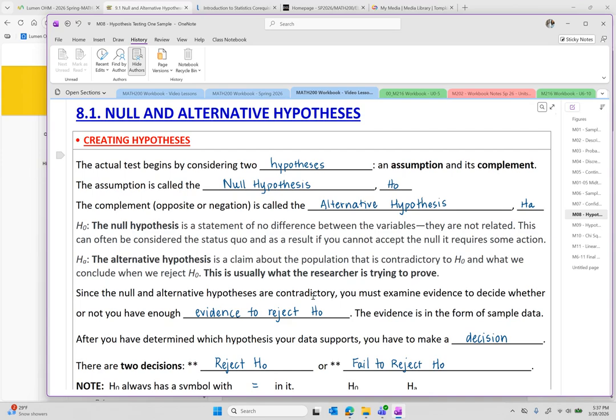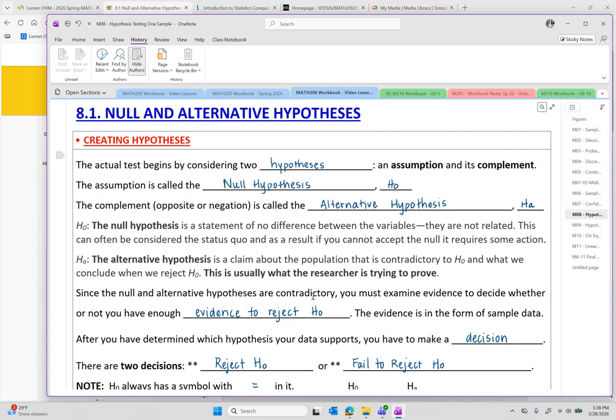The alternative hypothesis is a claim about the population that is contradictory to the null hypothesis, and what we plan to conclude when we reject the null hypothesis. This is usually what you, as the researcher, are trying to prove. However, you have not established the alternative hypothesis.